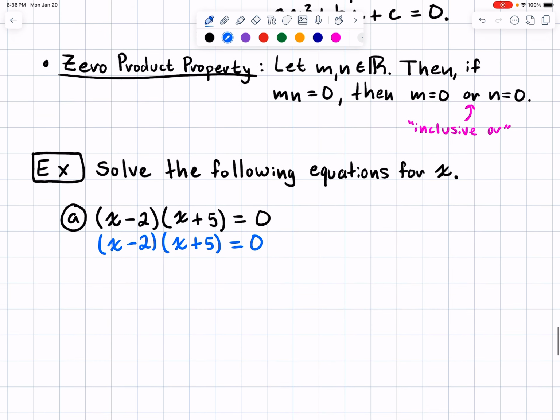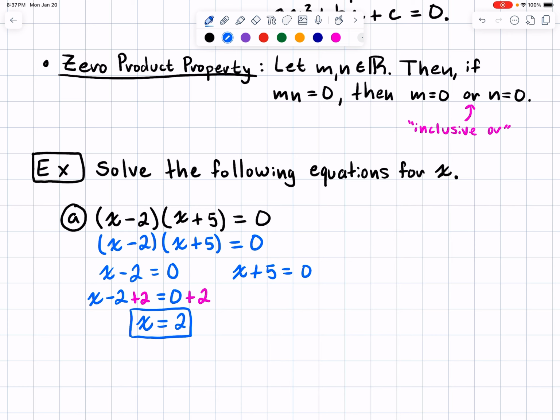On the left we have x minus 2 equals 0. Well, I could add 2 to both sides. So I have x minus 2 plus 2 equals 0 plus 2, which means I get x equals 2. So there's an answer.